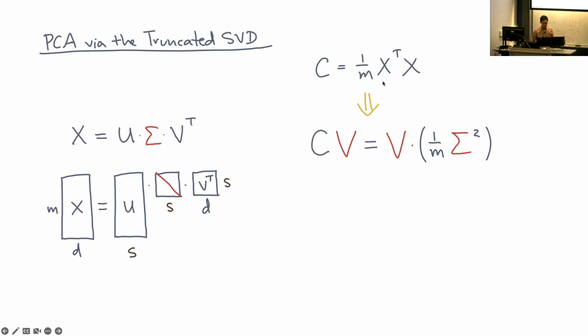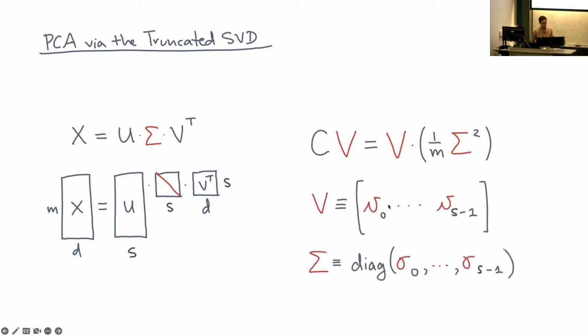if you plug this SVD into the formula for C, and you do a little bit of algebra, you will get C times V is equal to V times this funny thing. Okay, so what is this funny thing? The columns of V, those are all vectors.